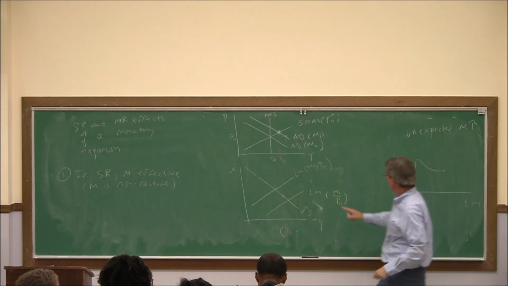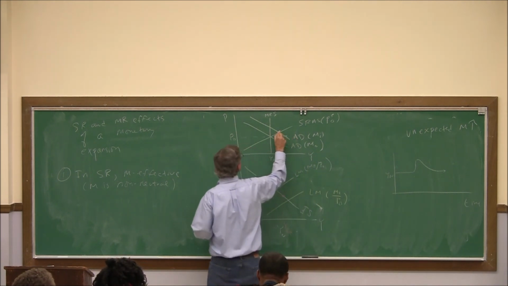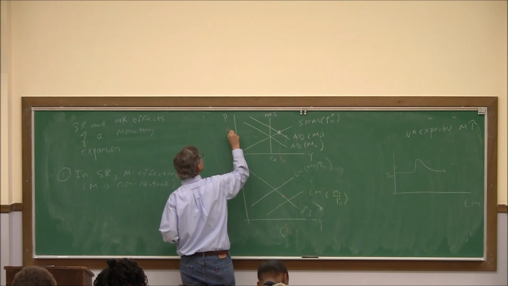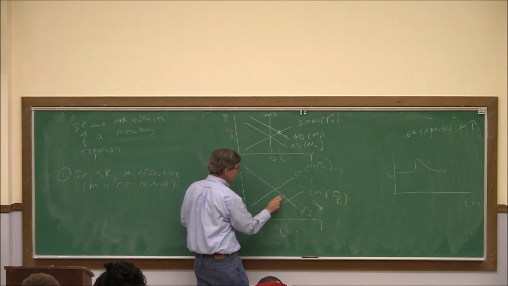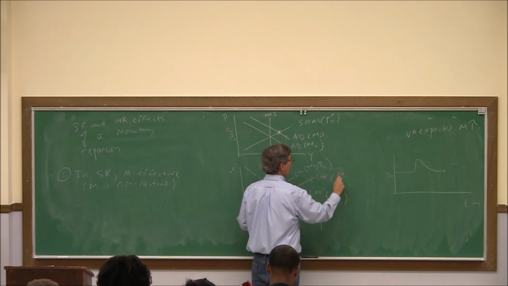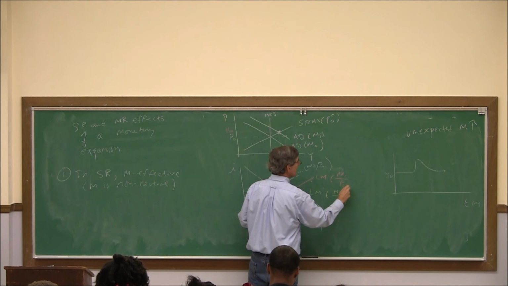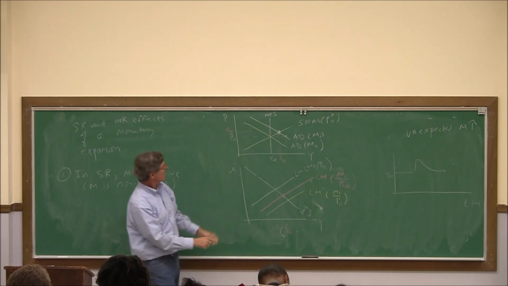So what happens is the LM curve also shifts. Call this point right here PSR, that slightly higher price. So the LM curve shifts back to LM of M1 over PSR. So this is our short-run equilibrium here.